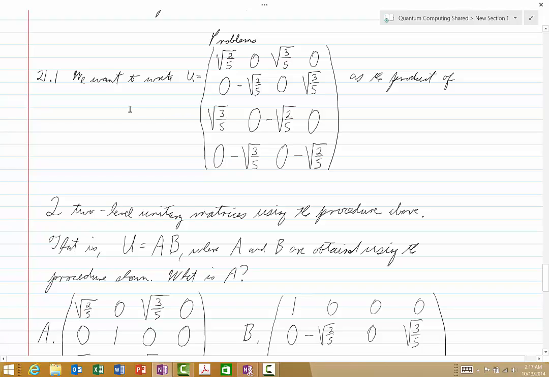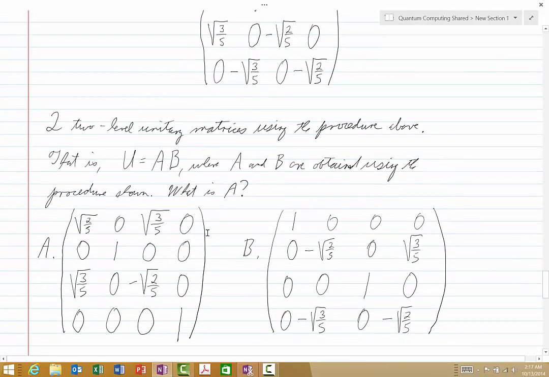It won't. So we want to write this U as the product of 2-level unitary matrices. I'm telling you in advance, you're only going to need 2 matrices, not 6, just 2, using the procedure above. That is, U is equal to AB, where A and B are obtained using the procedure shown. And I'm asking you simply, what is A? What is that first matrix?